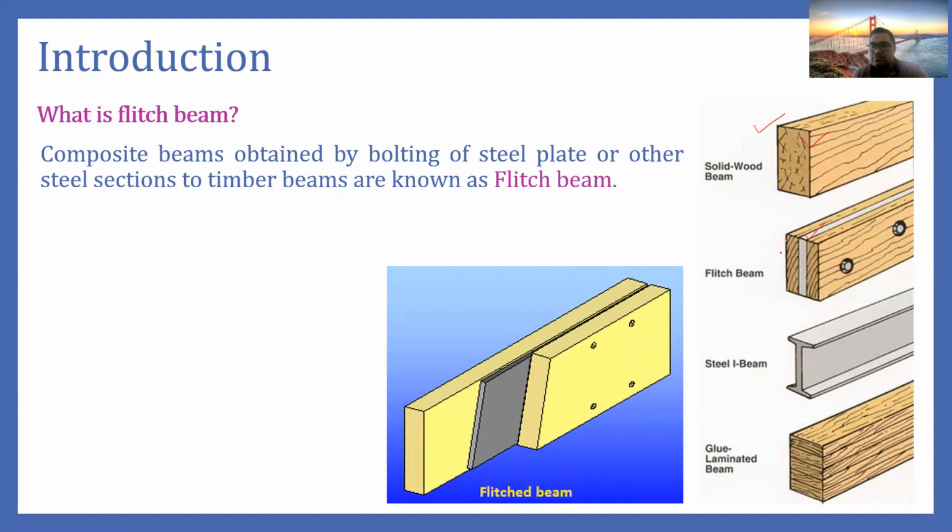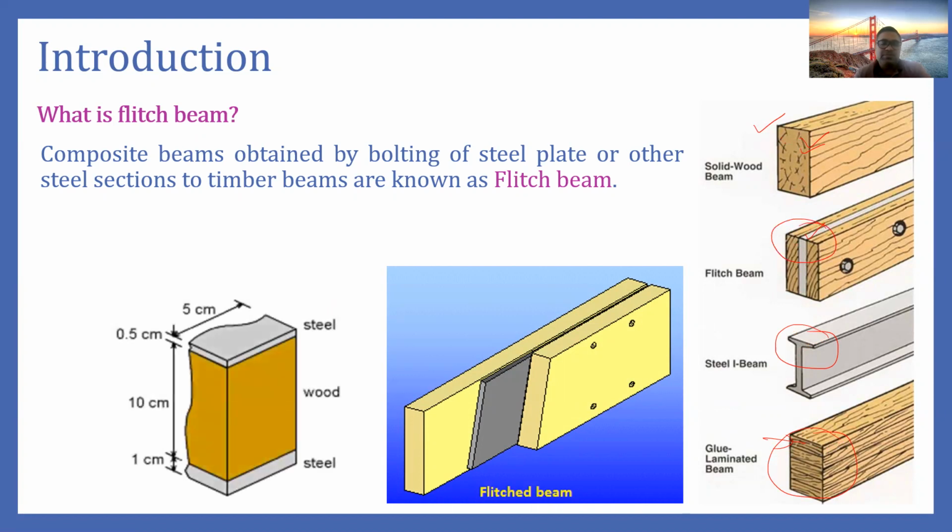Besides the flitch beam, we have other types of beam also, like steel beams. Sometimes we use glue laminated beams, where the laminates have better properties compared to the normal timber beam. Here we will mainly focus on the flitch beam.